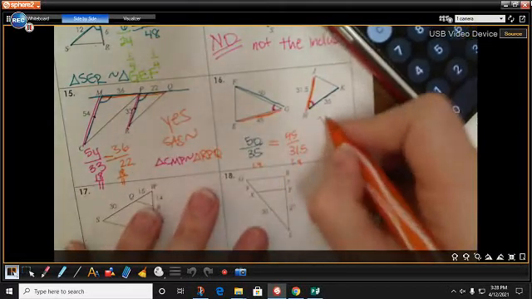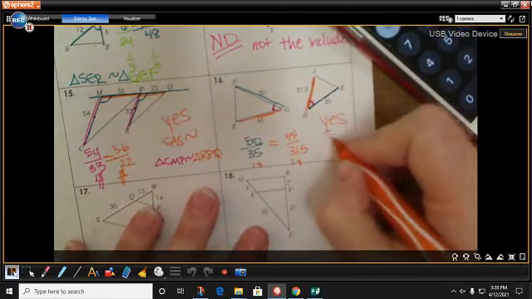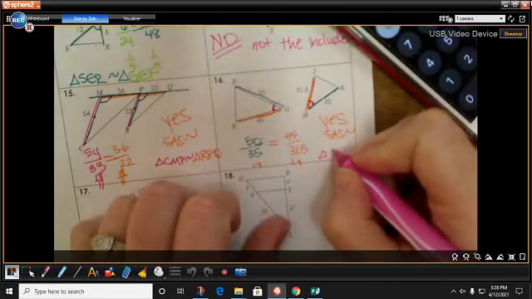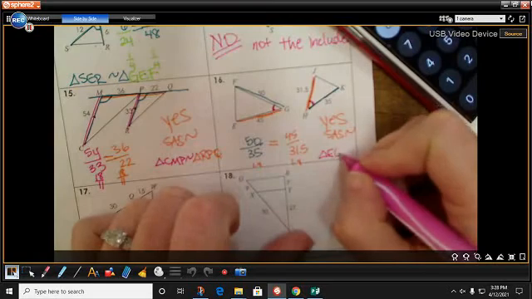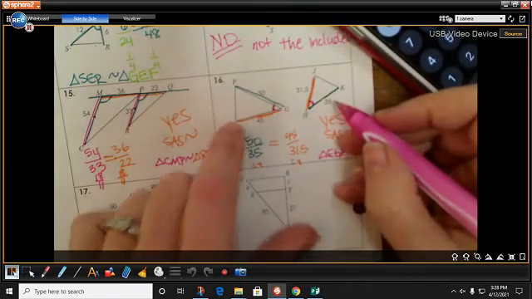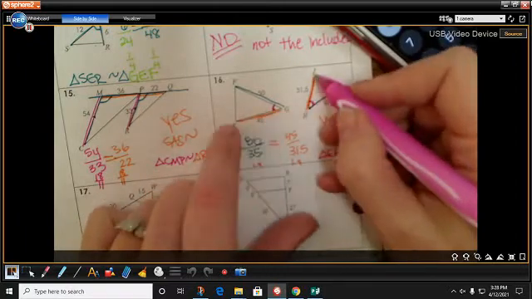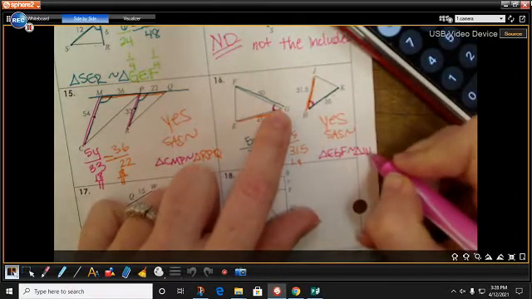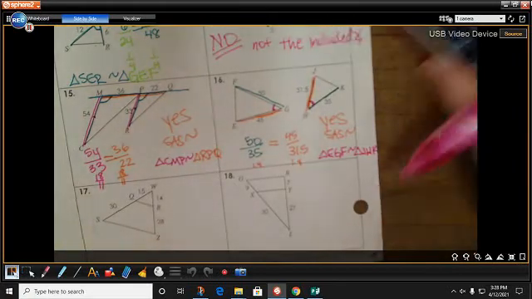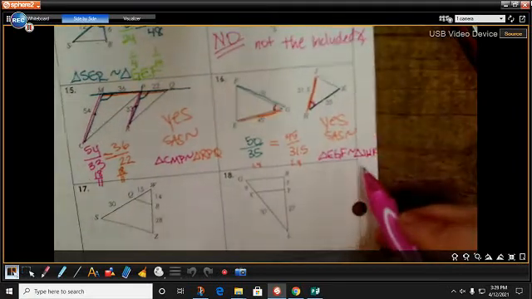So yes, these are similar by side angle side similarity. So I can say that triangle EGF will be similar to triangle, let's see, if I do E to G, that's going down the orange, so J to H. And then I had F here, so it'll be K there. Again, making sure that I match up corresponding angles to corresponding angles.